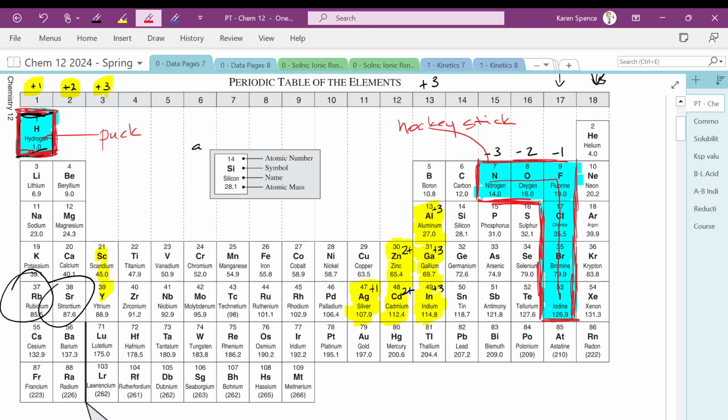Diatomic elements are only diatomic when they are in their elemental state, when they are on their own. And that's going to be important in this next one.